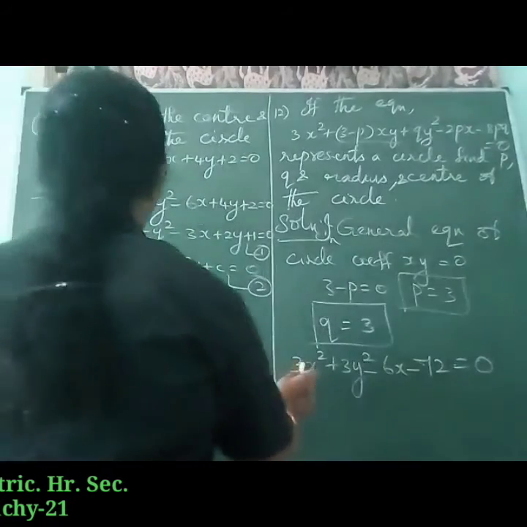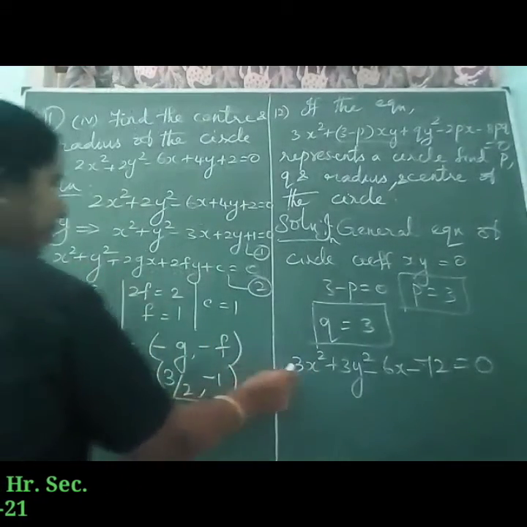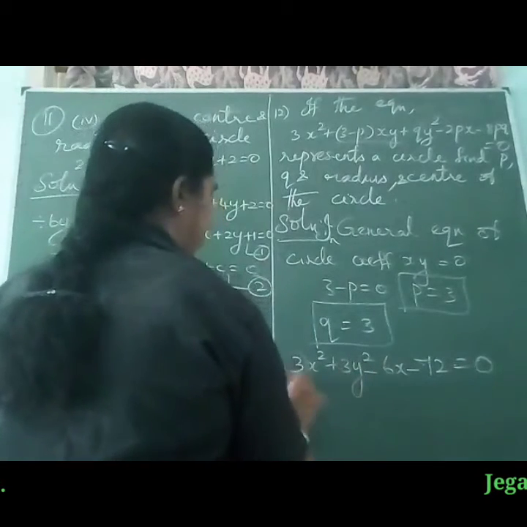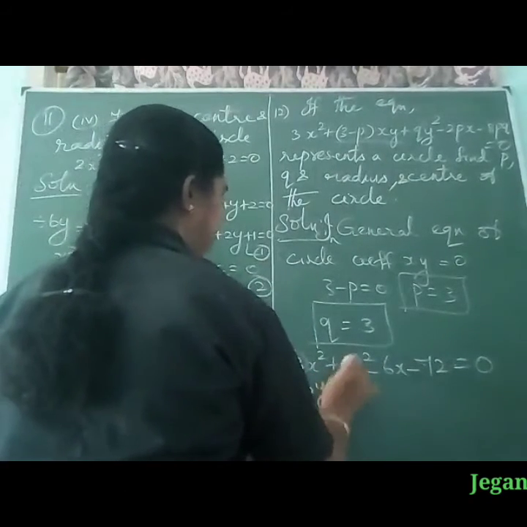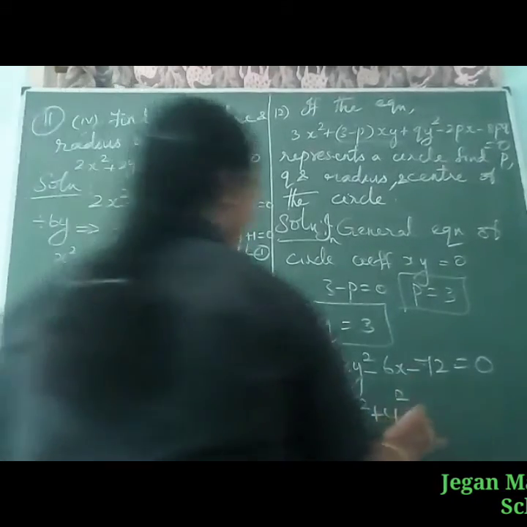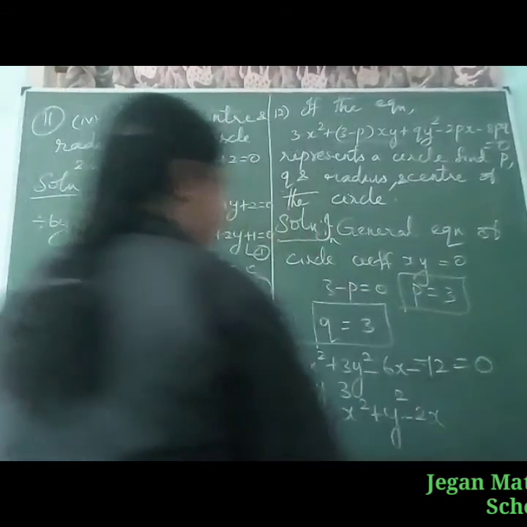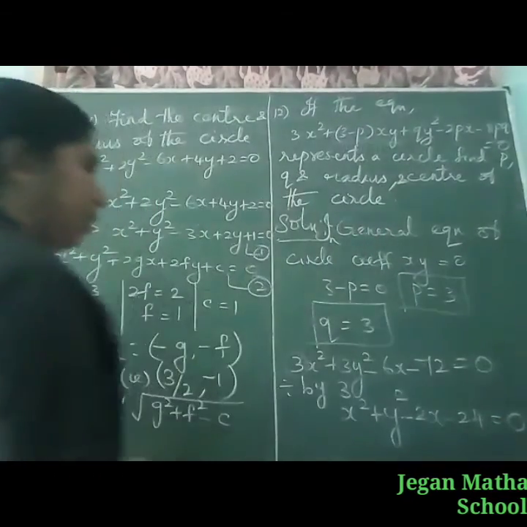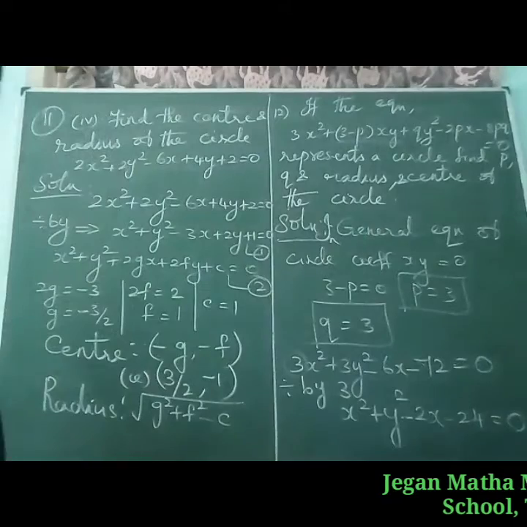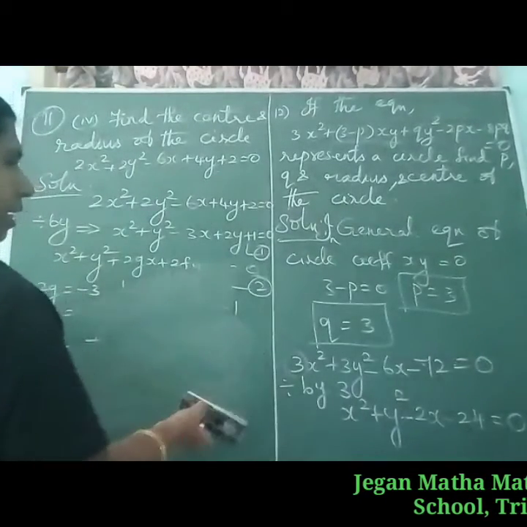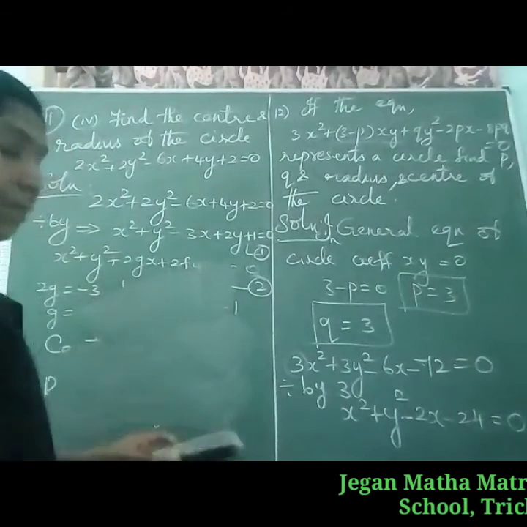Then the same procedure you have to follow. Always the first one, the coefficient must be 1. So divide throughout by 3. We will get x square plus y square minus 2x minus 24 equal to 0. So from this we have to identify the center and radius.